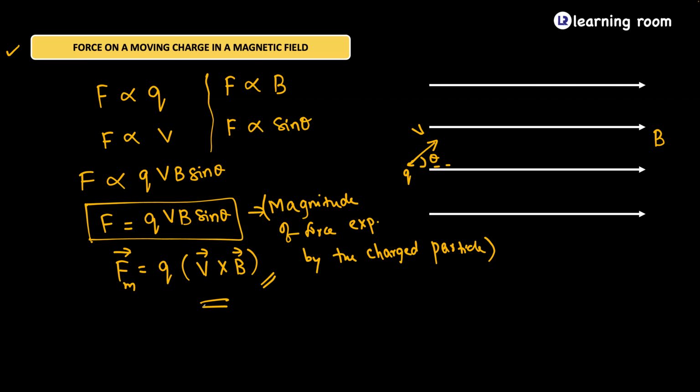So this value is the magnetic force experienced by the moving charge in a magnetic field. Now we will discuss a force which is called the Lorentz force. What I described so far is the concept of magnetic force experienced by a charged particle.